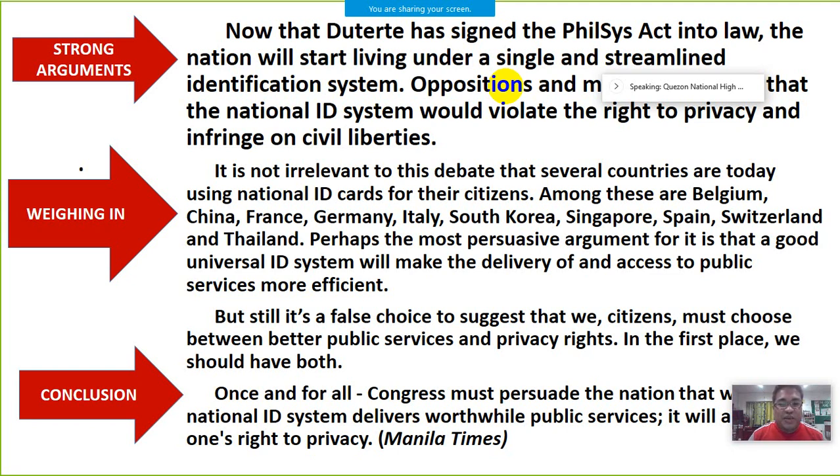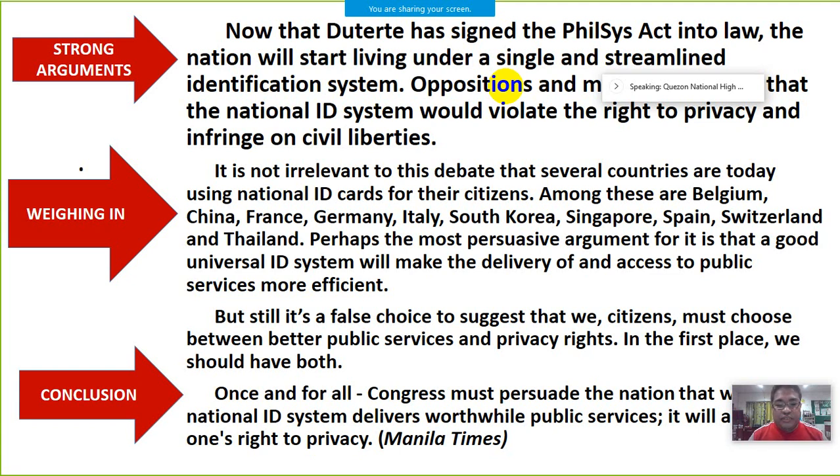That's why in the next paragraph, it is said that, but still it is a false choice to suggest that we, citizens, must choose between better public services and privacy rights. In the first place, we should have both.